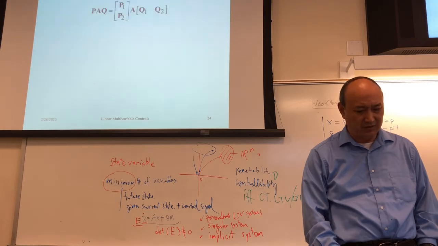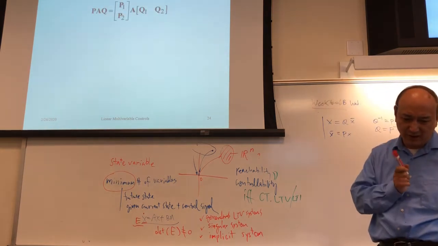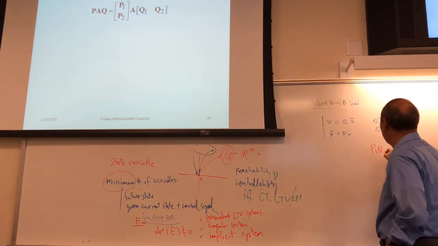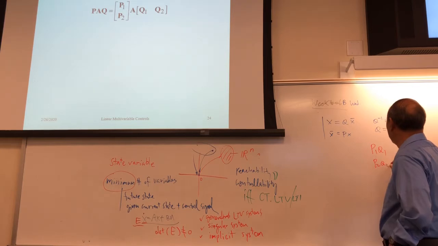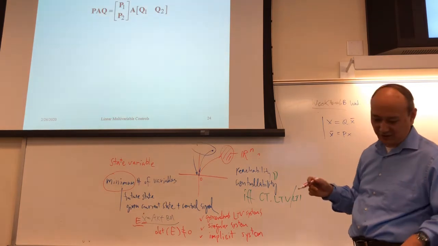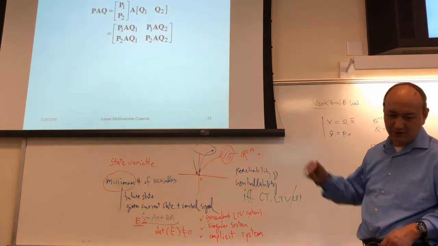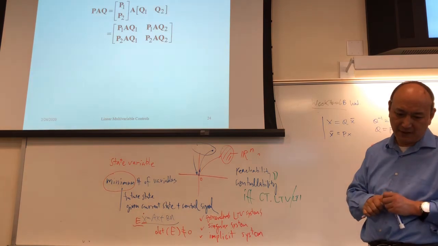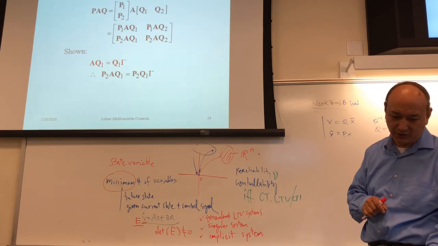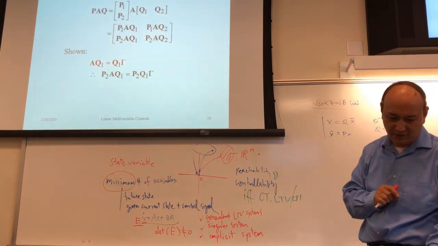So PAQ, remember, is a partition of P1, A, Q1. Remember P1 Q1, P2 Q2, they are all I. Others are 0, so we are writing this way. So P2 Q1 is 0.